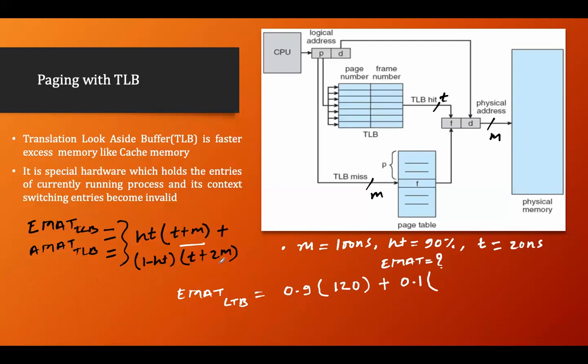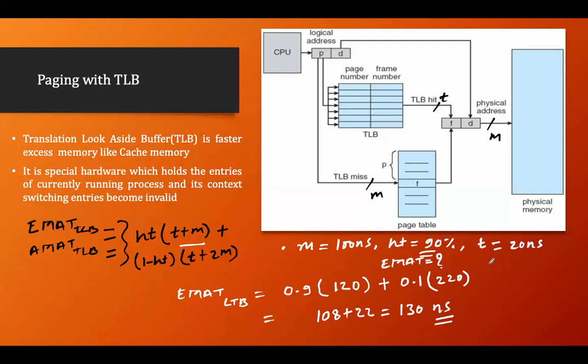It is 20 plus 2M. 2M means 200. 200 plus 20, it will be 220. Now, 90% of 120 will be 108, plus 10% of 220, which will be 22. So the total will be 130 nanosecond if the hit ratio is 90%.